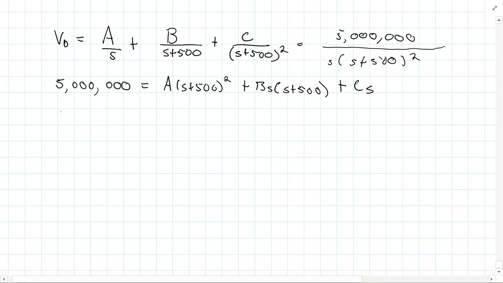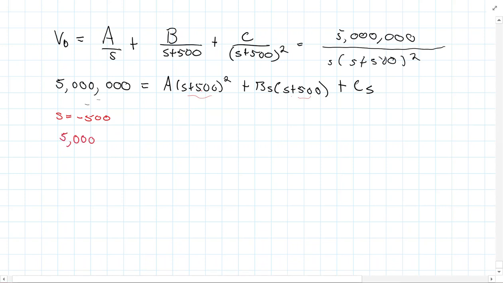First nice number I would pick is just S equals negative 500, because that will kill the A and kill the B, because this term will be 0 and this term will be 0. And so if I get that, there's nothing to plug in on the left hand side, so I'm just stuck with 5 million here.